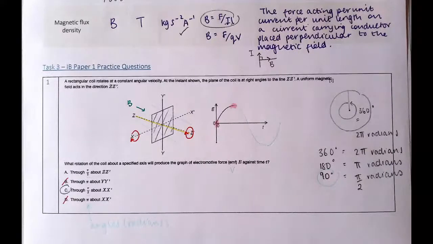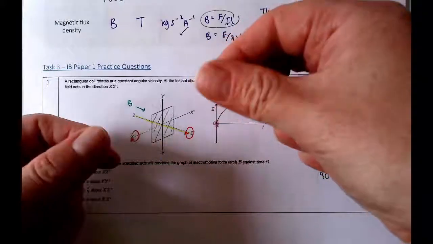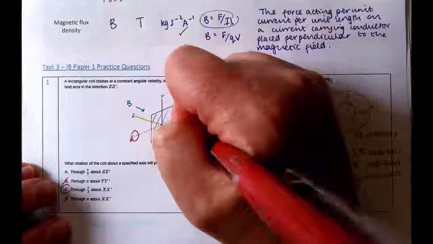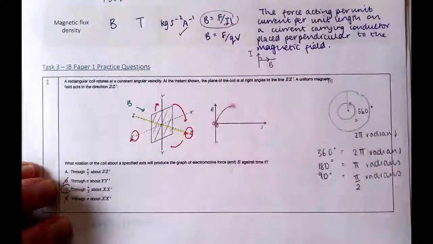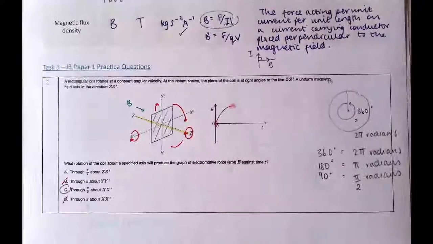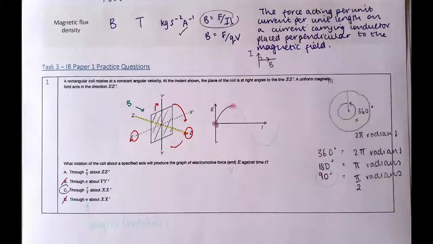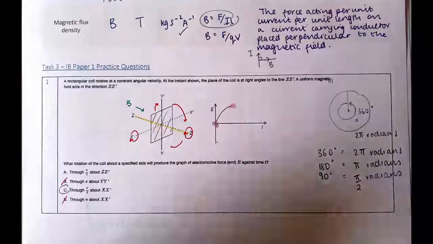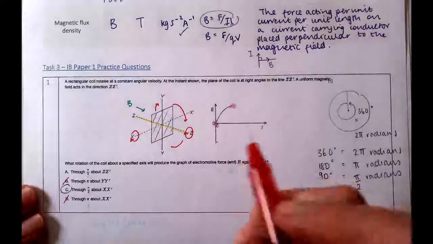That's not going to work. But if we spin this coil of wire and bring it down and around, hopefully you can see, through the XX dash axis, it's going to cut through the flux. So we're going to go from having maximum flux as it currently stands to 90 degrees later it being in the plane.